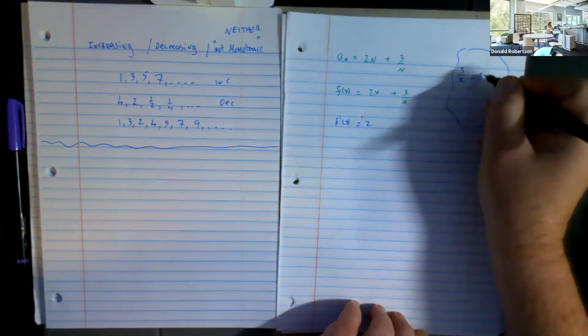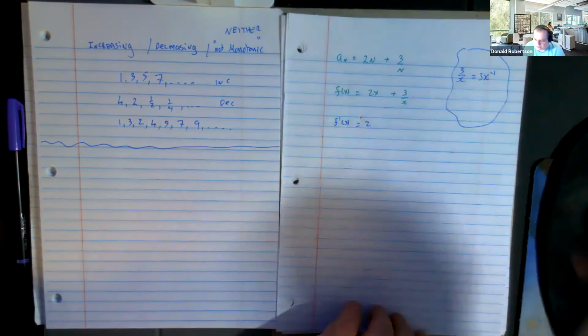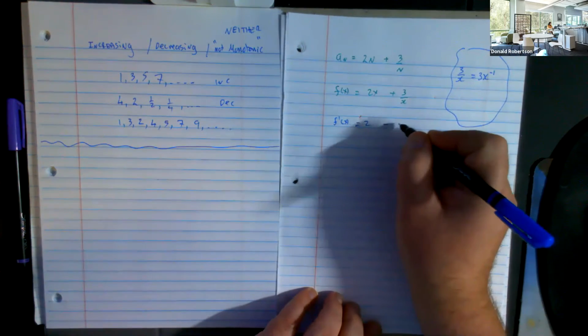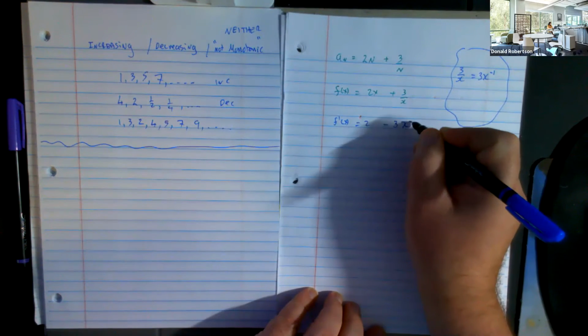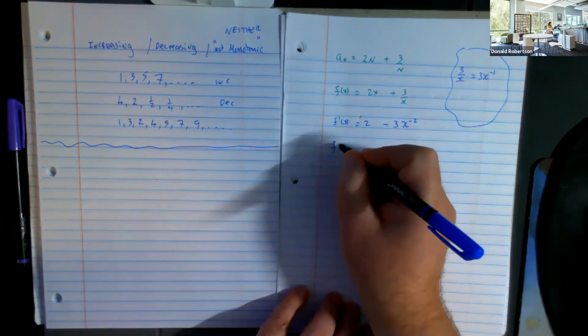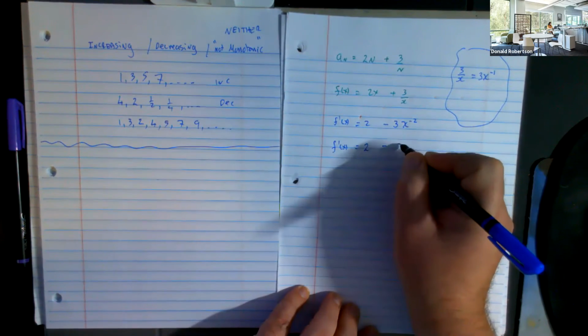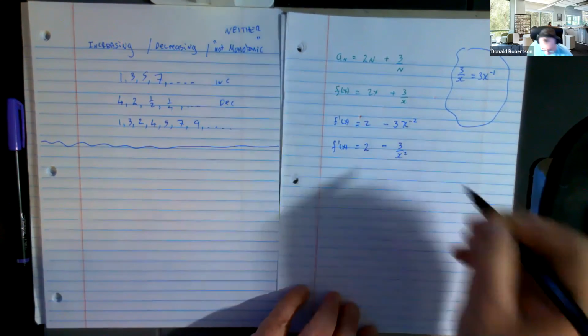Now, if I call it 3x to the power of -1, does that make it a little bit more obvious what its derivative is going to look like? So when I differentiate it, it's going to be multiplied by the power and reduce the power by 1, which now gives me 2 take away 3 over x squared.